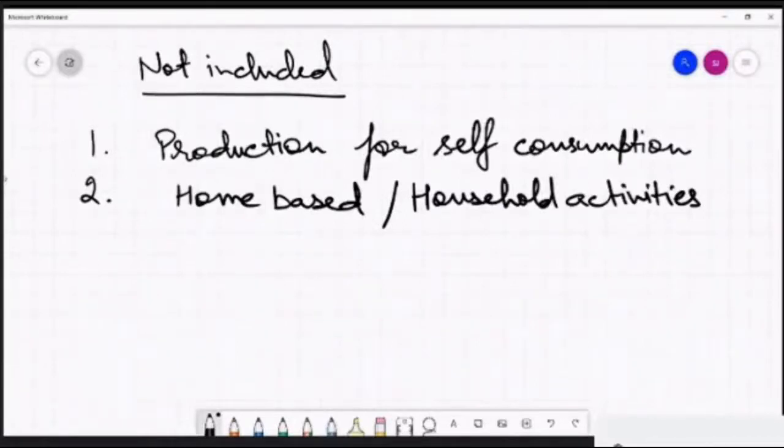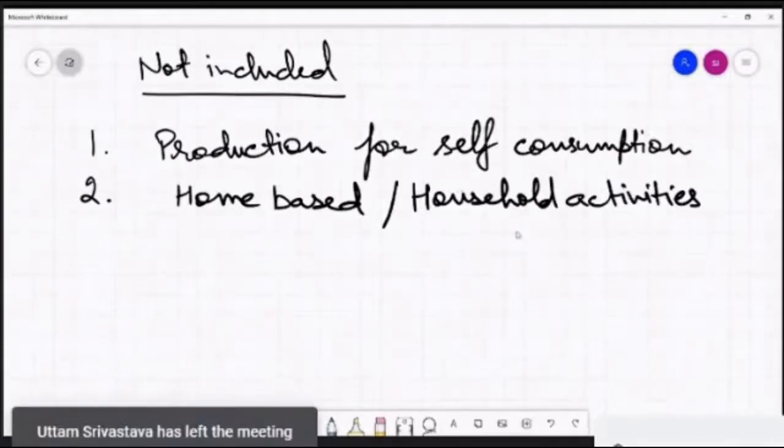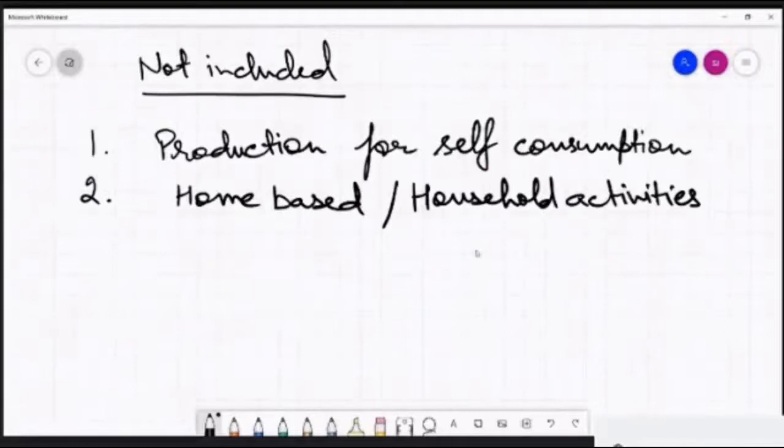Now, home-based household activities means all the activities performed largely by females or family members for their household. That is again not part of GDP. Mother or father or sister cooking food in your house, taking care of the household members, all these activities involve expenditure.